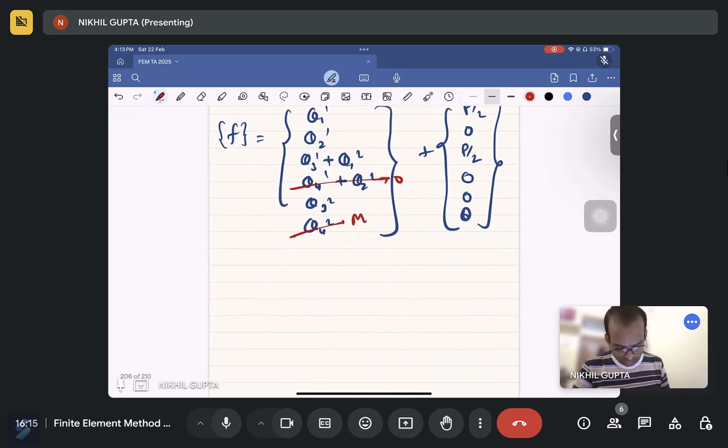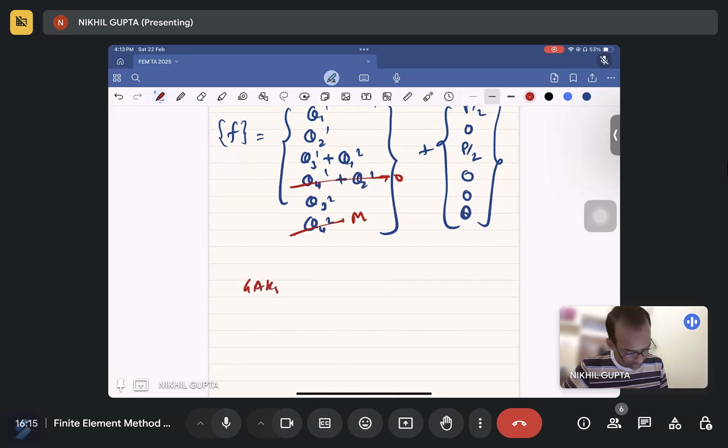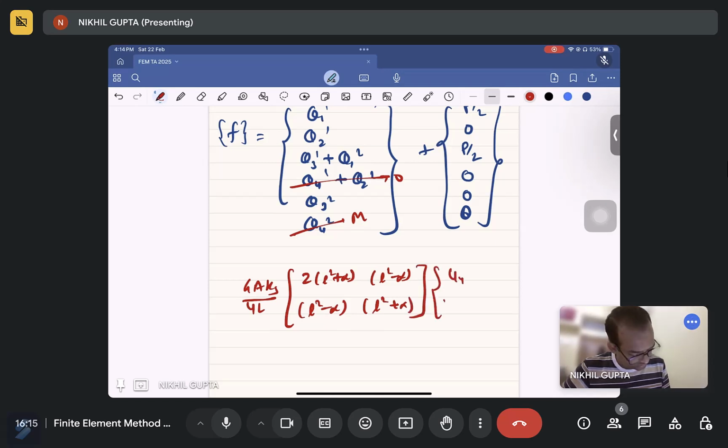So when you solve it, you will get G A Ks by 4L with 2 L square plus alpha, L square minus alpha, L square minus alpha, L square plus alpha, times U4 U6, equals 0 and M. This is the same way.